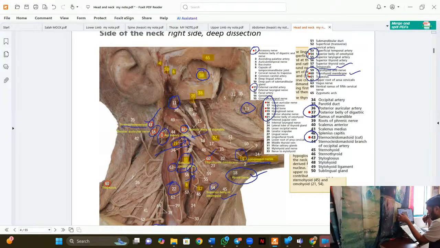That's not muscle. Okay, it is lateral to the carotid, so it is the external jugular vein. Internal, yes, internal jugular vein. Okay.